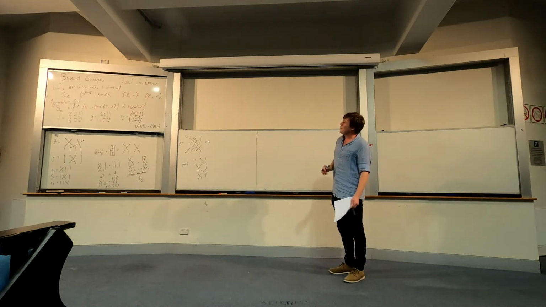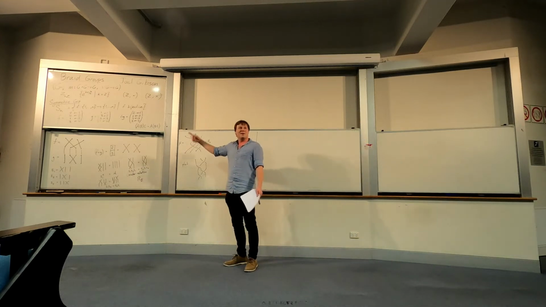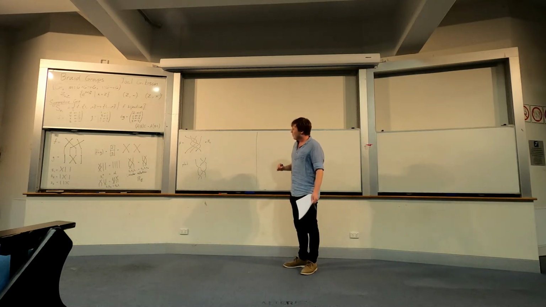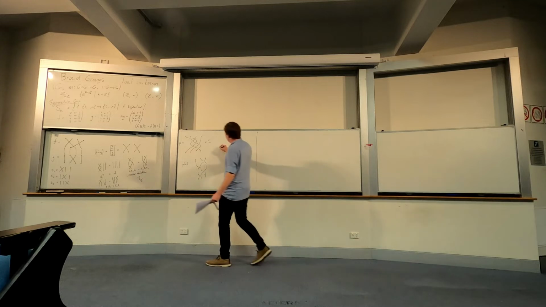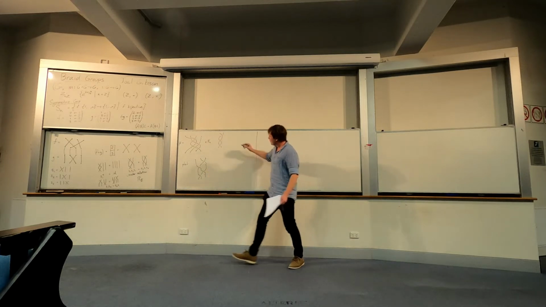So the first thing to notice about the braid group is that it's infinite. The symmetric group is finite. There are only so many permutations you can do once you choose a certain n, whereas the braid group is infinite. An easy way to see that is the braid group on 2 strands. Maybe something like this.